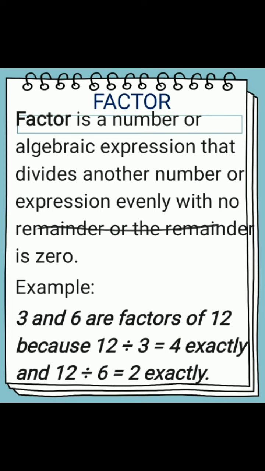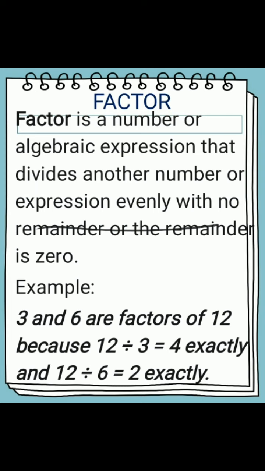Let us first define what is a factor. A factor is a number or algebraic expression that divides another number or expression evenly with no remainder, or the remainder is 0. Halimbawa, yung 3 and 6 factors ng 12, or simply the numbers that we multiply are what we call the factors.